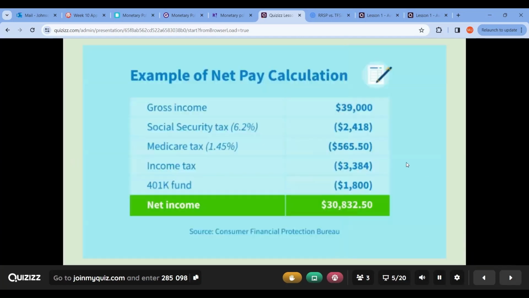As you can see, gross income here is $39,000, and then social security tax is a deduction. Medicare tax is the US, so these are different than Canada. Medicare tax is a deduction, income tax is deducted, and the 401k fund, that's the pension plan.